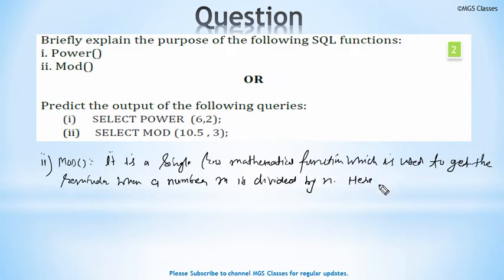Here m is the dividend and n is the divisor.